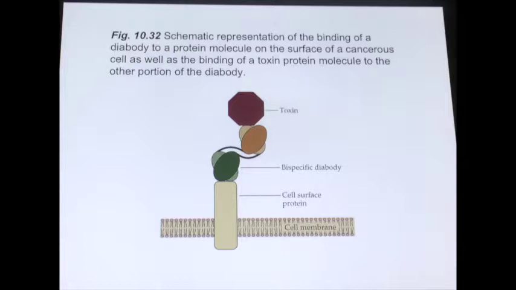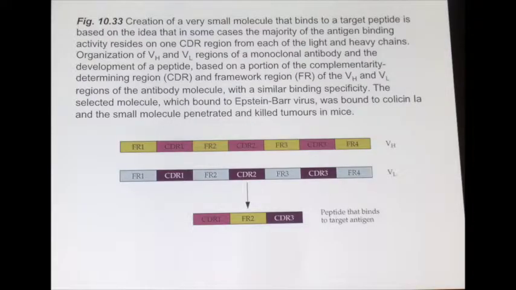Okay. I'd like to talk about, and I'll spend a little bit of time on this, how sometimes antibody molecules are too large to be effective therapeutic agents. Sometimes even fragments of antibody molecules are too large.